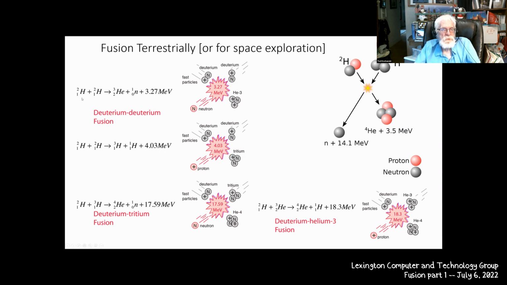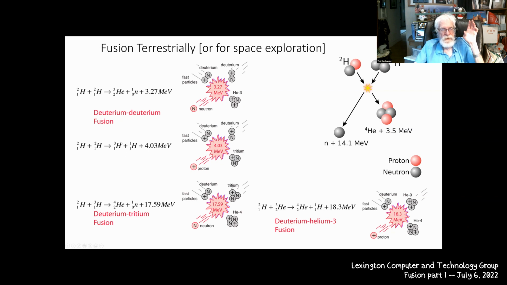So deuterium, basically, you start with deuterium, another deuterium, you make a helium-3 nucleus, a neutron, and the neutron carries off most of the energy. Deuterium has a second branch, almost equally likely to occur.